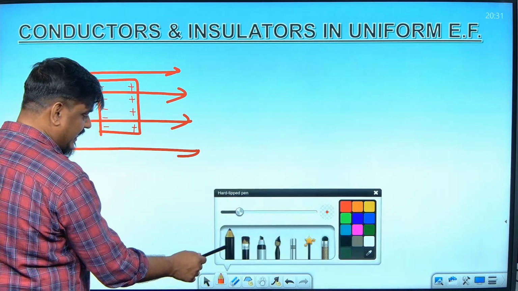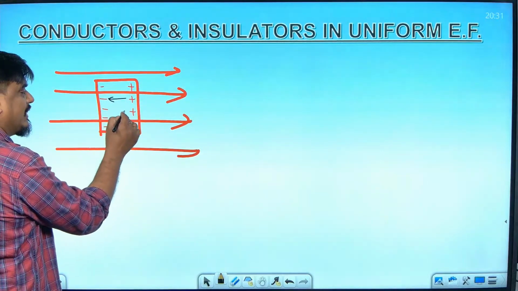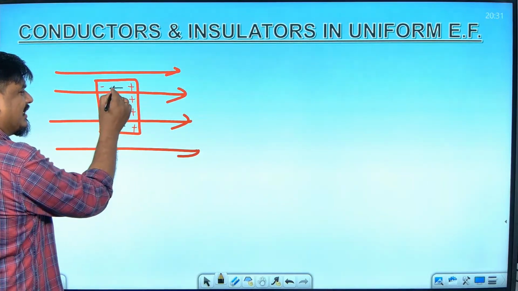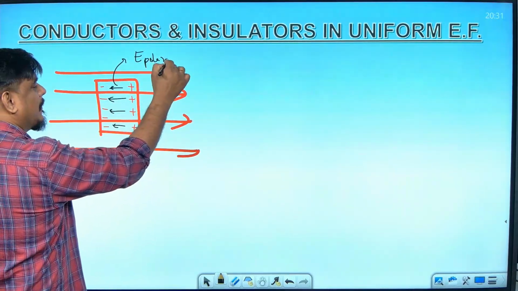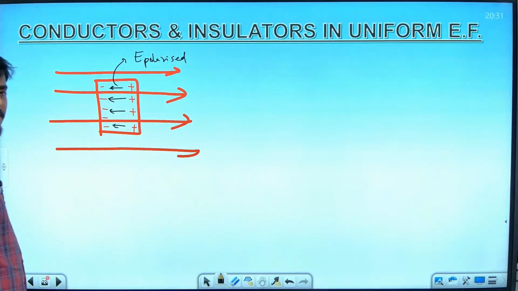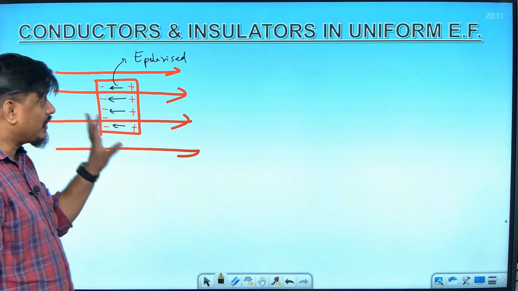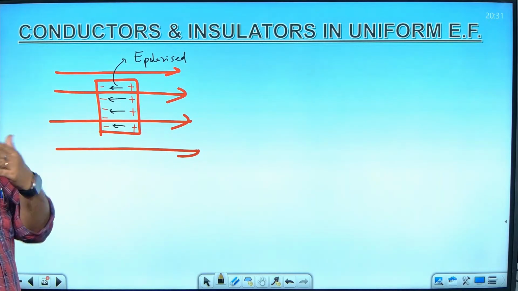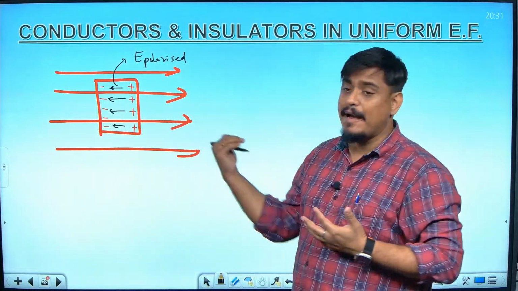This will generate an electric field in the opposite direction. Can you feel that? It has a name. It is called the polarized electric field. And this polarized electric field, since it is for a conductor and a conductor has many free charged particles, will be strong enough to cancel the applied electric field.